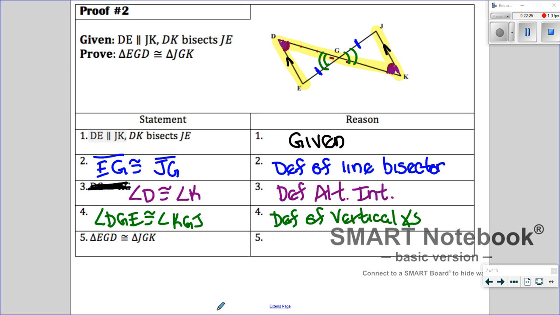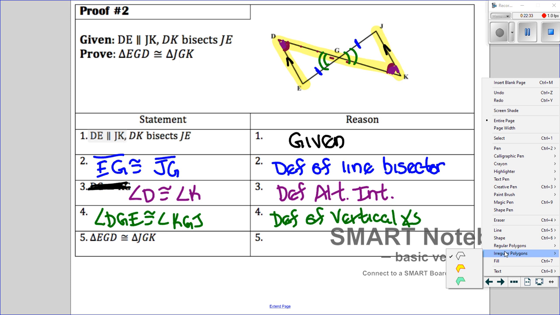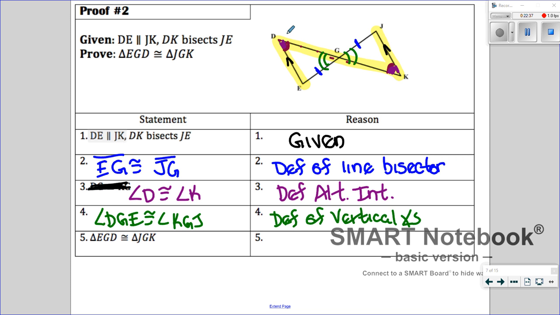Now I have an angle, an angle, and a side. So I can prove that triangle EGD is congruent to JGK because of angle, angle, side.